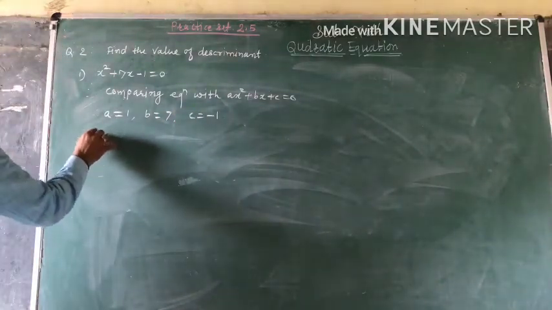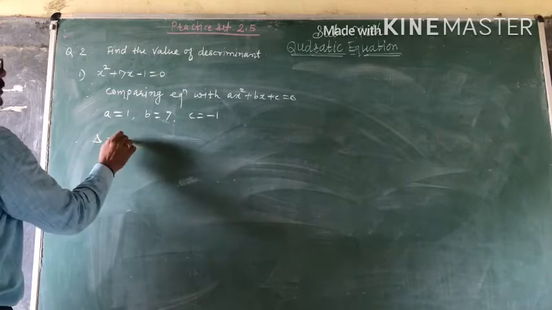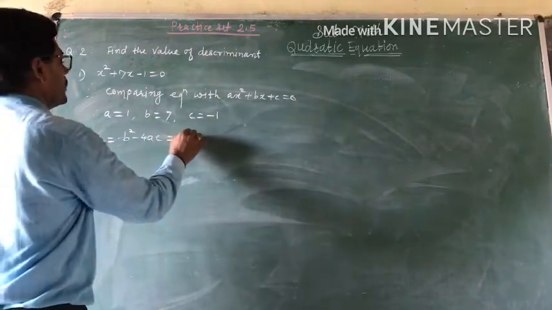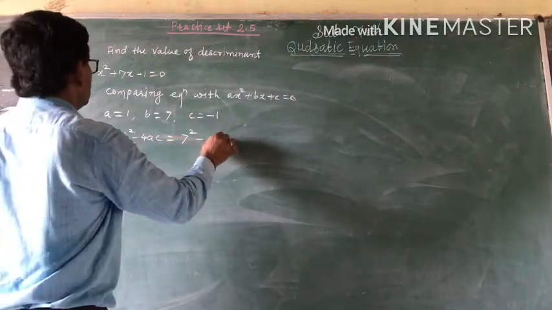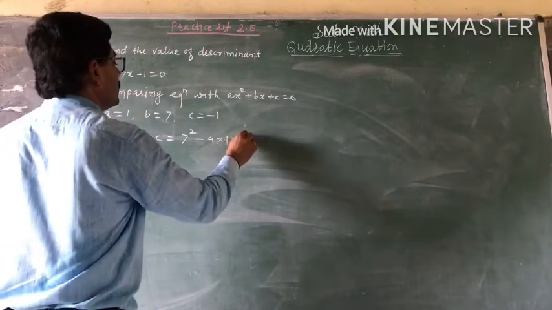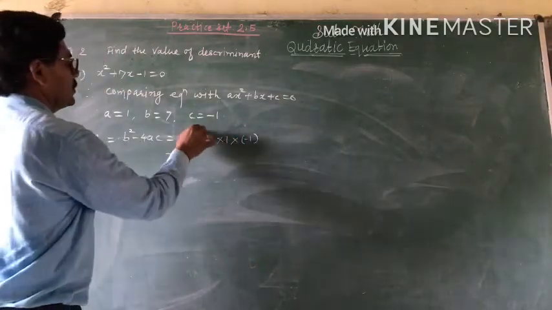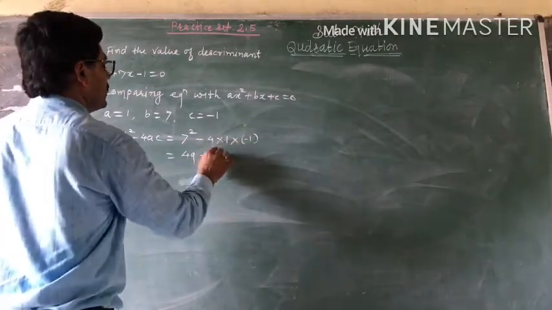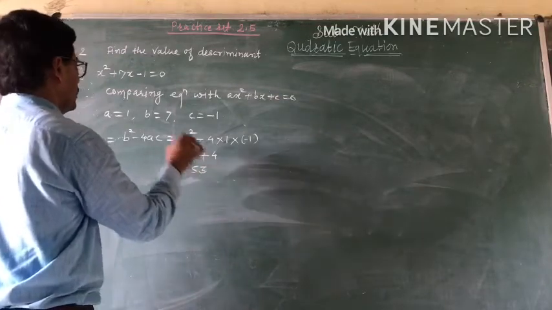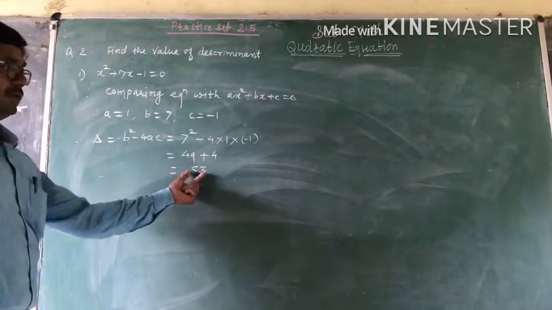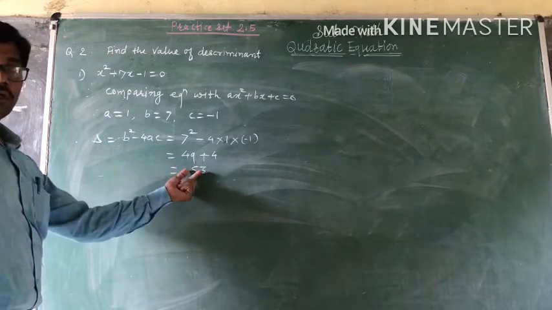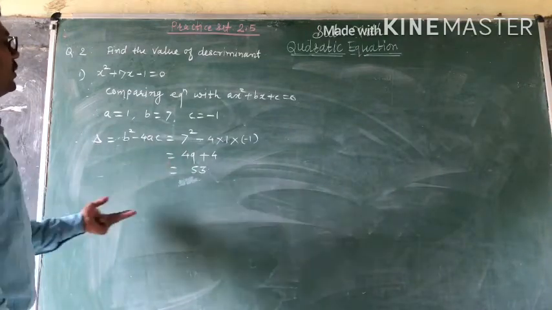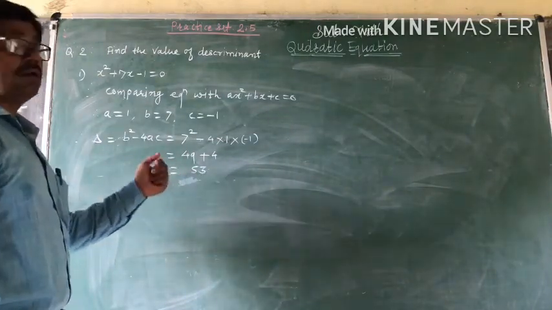And then find the discriminant delta, b square minus 4ac, which is equal to 7 square minus 4 into a into c, which is minus 1. 7 square is 49, minus minus plus 4, is equal to 53. The discriminant is 53, that means greater than 0. Therefore, the nature of the roots are real and unequal.